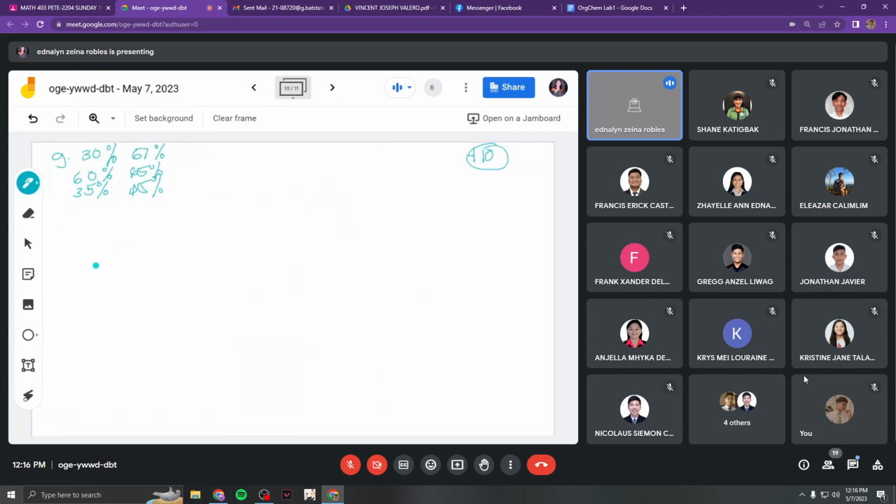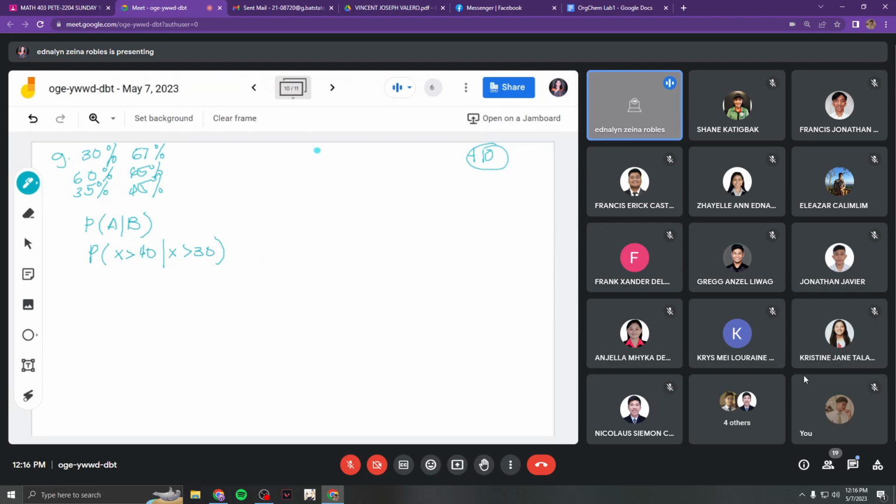Meaning to say, we are going to find the probability of A given B. And the probability we will be finding is the probability that x is greater than 40 given that x is greater than 30. So how can we solve it based on the discussion on the midterm exam?